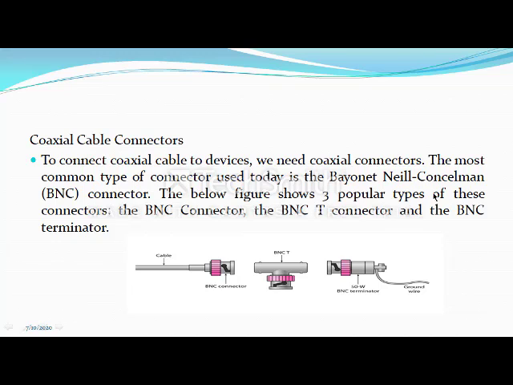In CRO probes, we use this BNC connector. The figure below shows the popular types of BNC connector. This is the BNC connector normally you see in the CRO probe. The BNC T connector, BNC terminator.